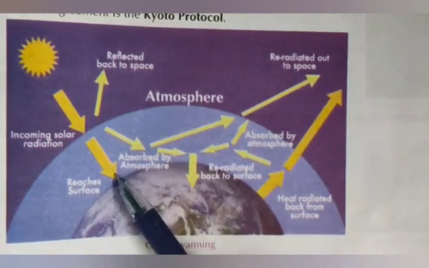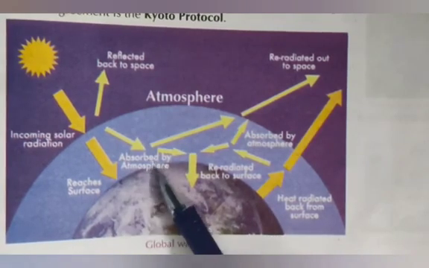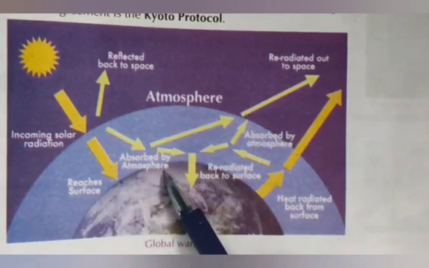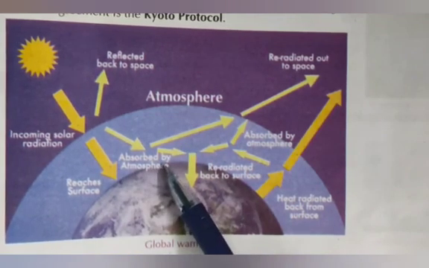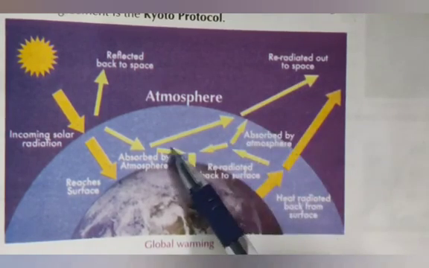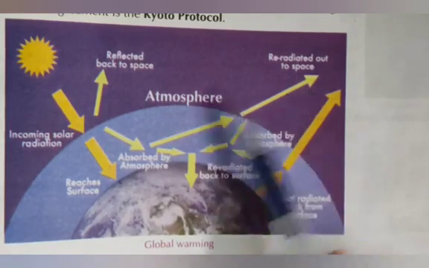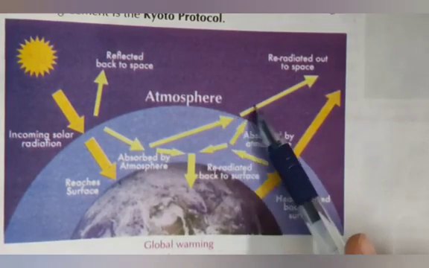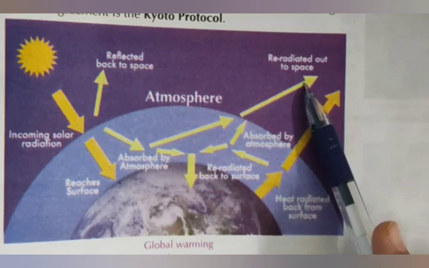Then some of the rays are absorbed by the earth surface, means some rays are absorbed, while some are reflected back into the space. These arrows show that some rays are reflected back into the space.